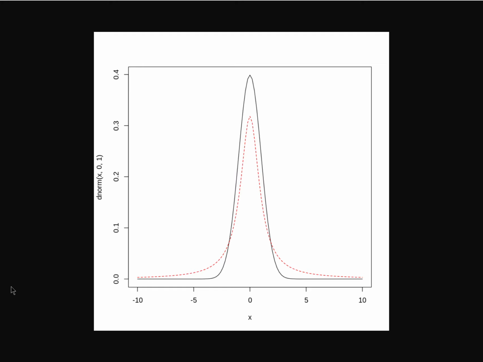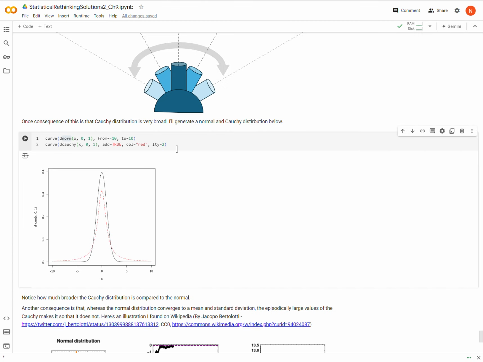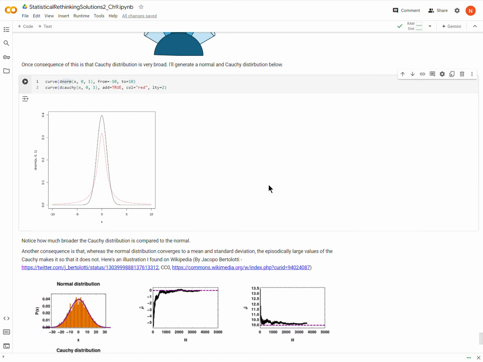So when you get way, way out into the tails, there's still a non-negligible amount of probability that an arbitrarily large value from a Cauchy distribution will be drawn. So one of the consequences of how the Cauchy distribution is generated is that it's broader. It has very fat tails, is what you might call it.